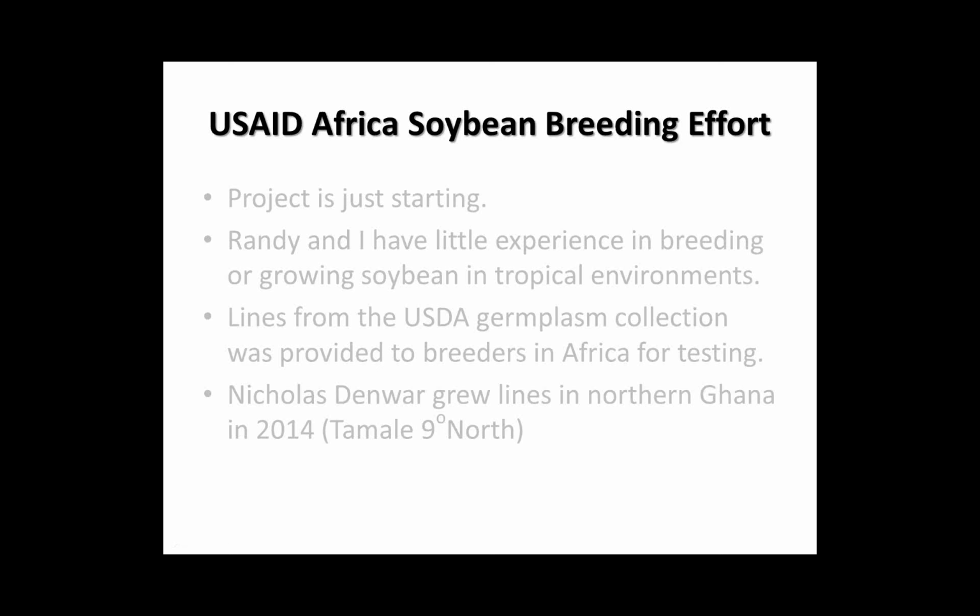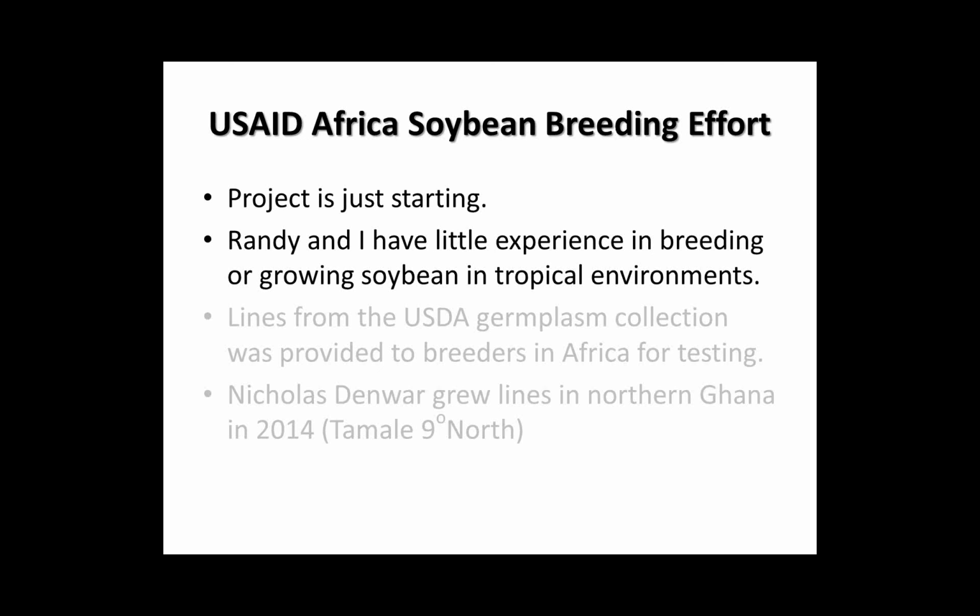Yeah, so one thing I have to say is that the project is just getting started, and both Randy and I have little experience in breeding or growing soybeans in tropical environments. So this is something really new to us. And one of the things that we're doing as part of the project is to try to bring in new germplasm into Africa.